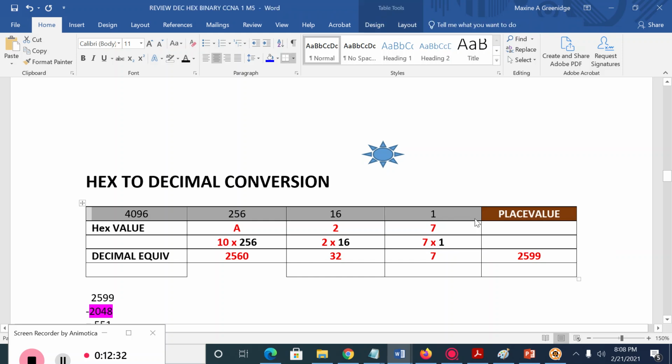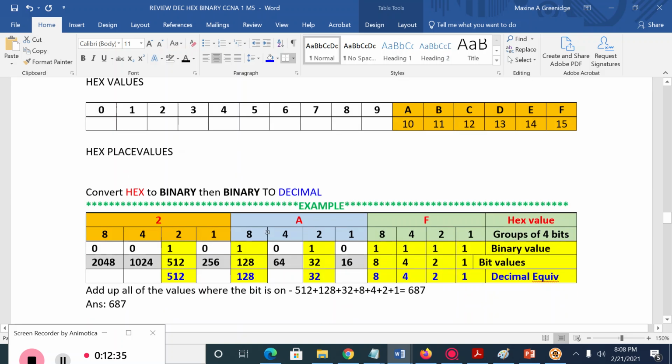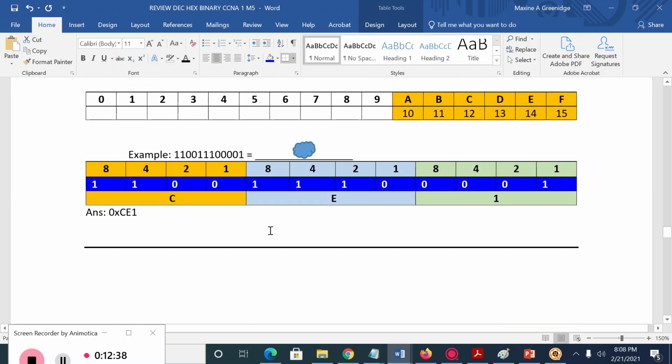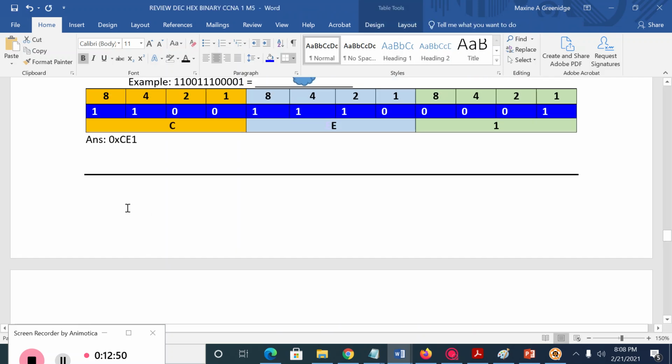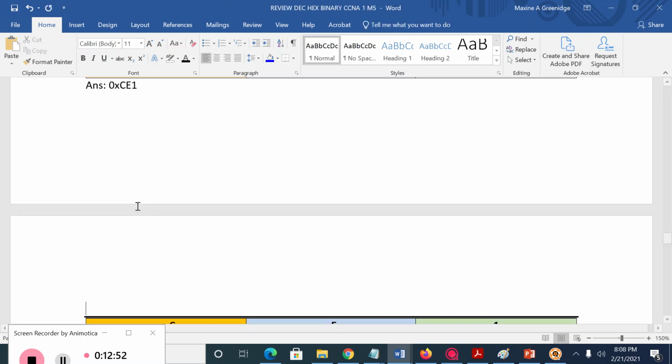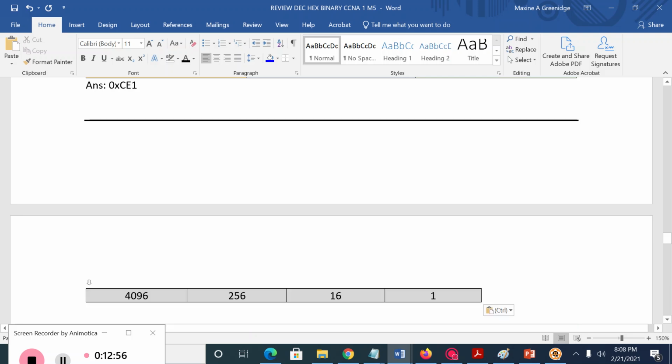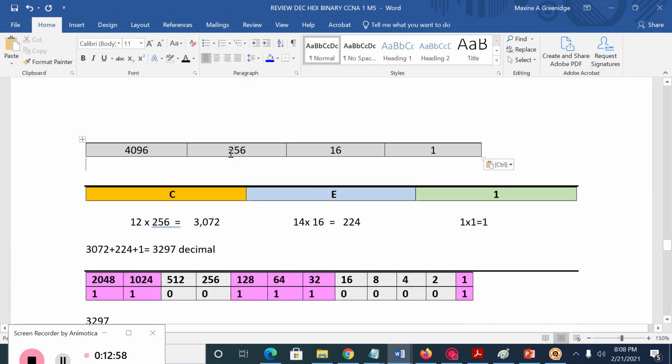All right, these are the first 4 values, and let's see if we can plug it in right here and see what we get. All right, so these are the values.